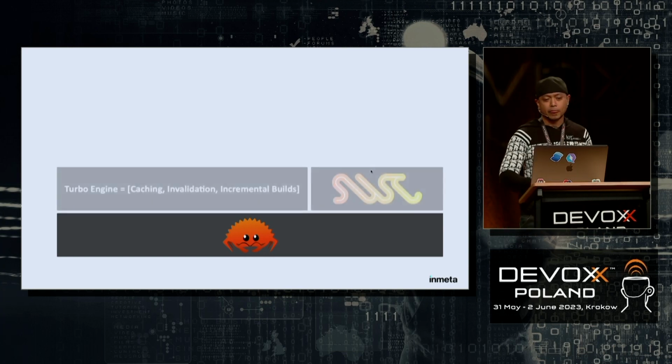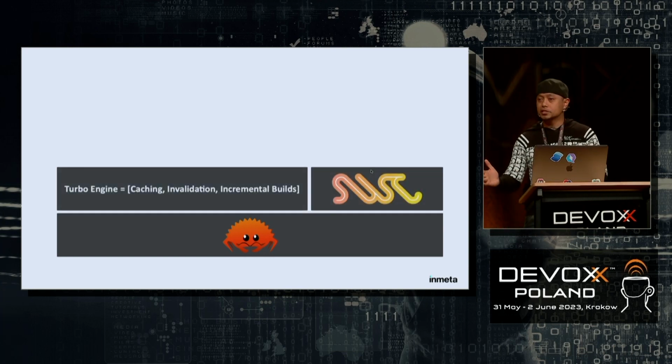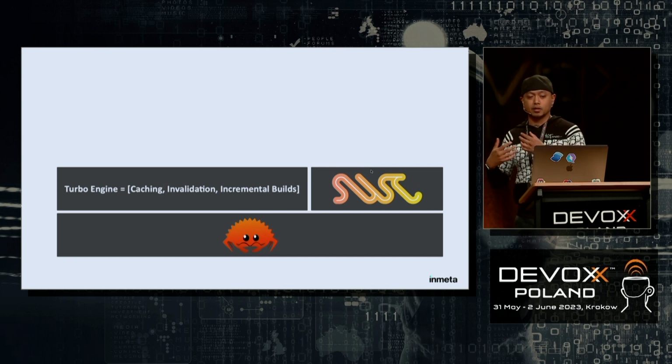Then after that comes Turbo Engine, a core engine for common tasks like caching, invalidation, and incremental builds. And Vercel is using SWC as the transpiler or parser. This is a modern transpiler built in Rust that replaces Babel.